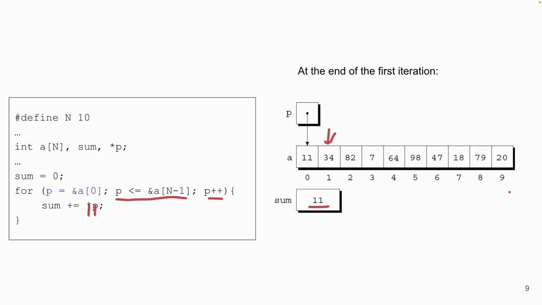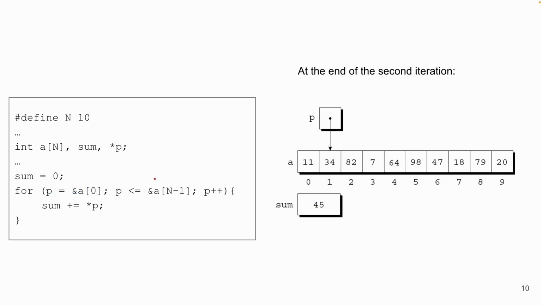The final element is here, n minus 1, A[9]. We get the address of A[9], and because of pointer arithmetic, if two pointers point to the same array, we can use this relational operator to compare them. So if P hasn't reached the final element, P will be smaller than the pointer to A[9]. So we start the second iteration.